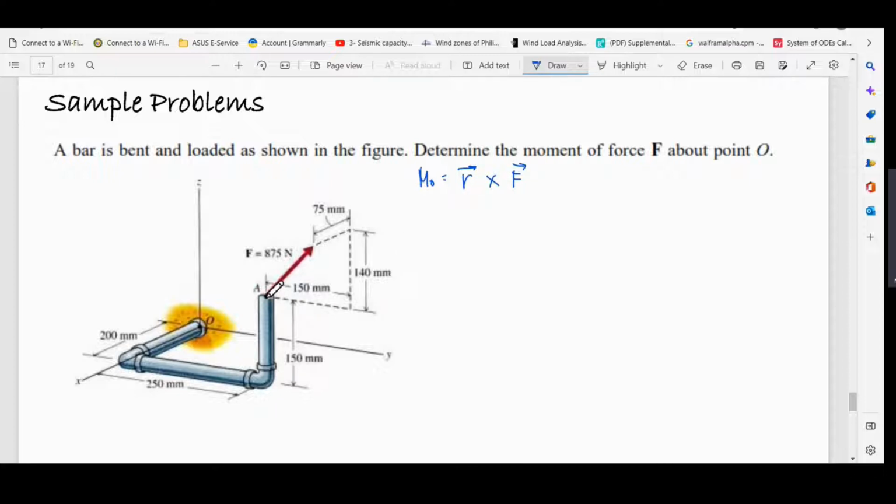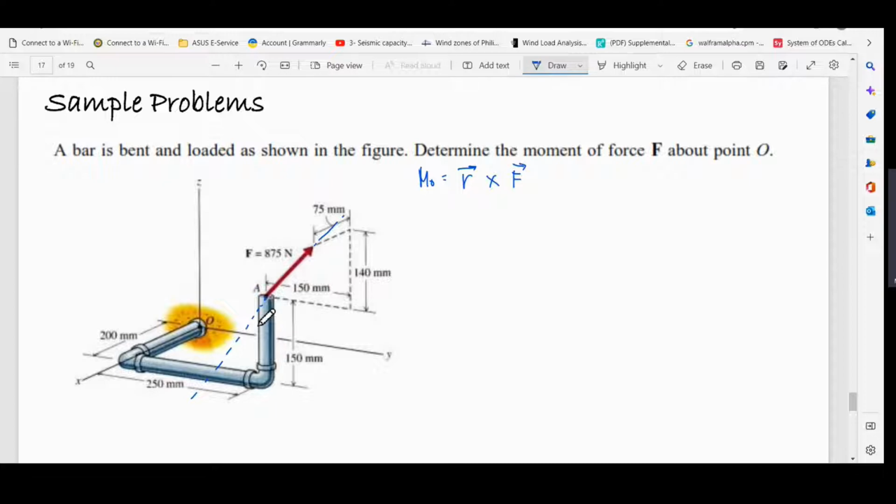Okay. So start na tayo. For this one, hanapin lang natin yung position vector r that is lying on the line of action for the force F. So dito, extend down natin yung line of action natin. And then, hanapin natin yung point kung saan meron tayong distinct coordinate from point O hanggang line of action of our force.